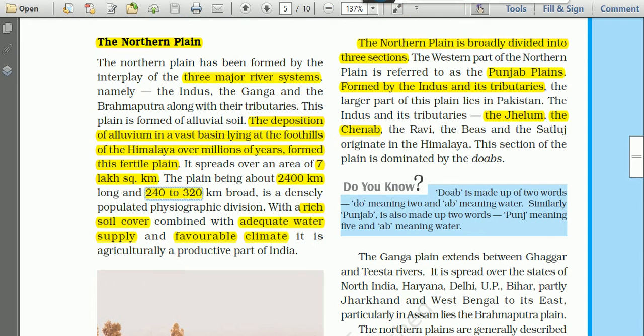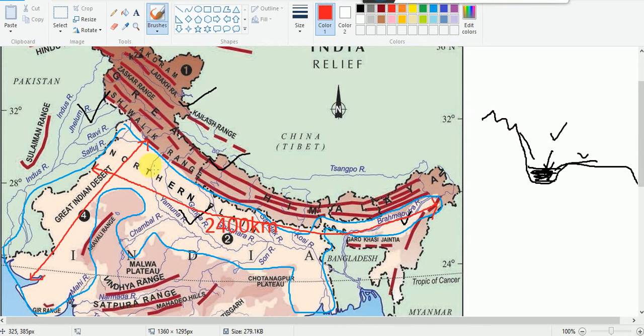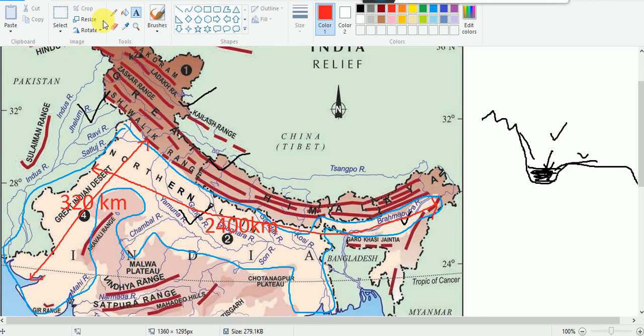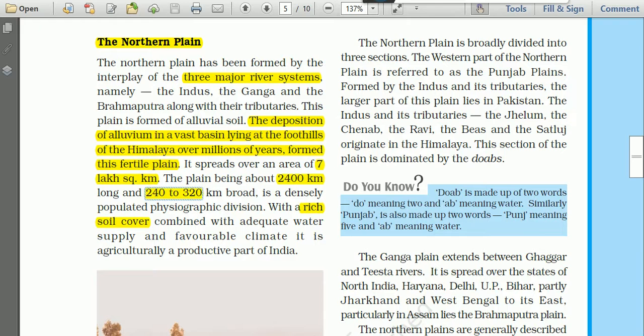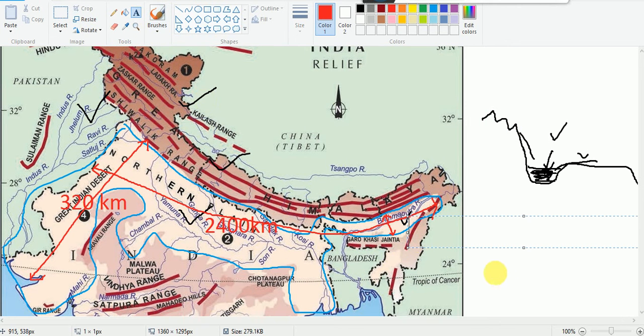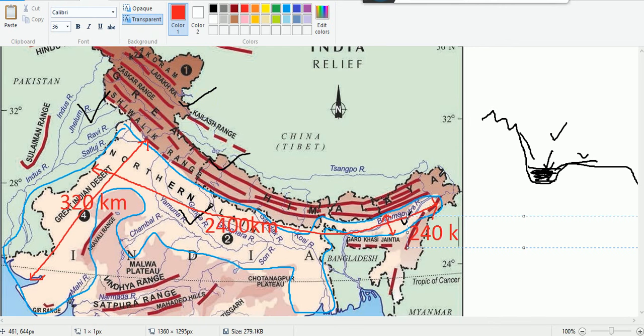Let us check it. The width here in the west is 320 kilometer. And in the east, that is in the Assam area, it is narrower, around 240 kilometers. Here the width in Assam is 240 kilometer. So this is the dimension of the northern plains.